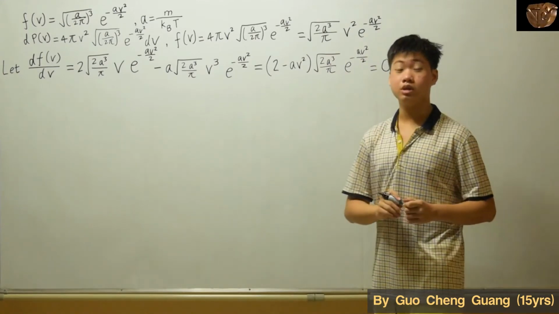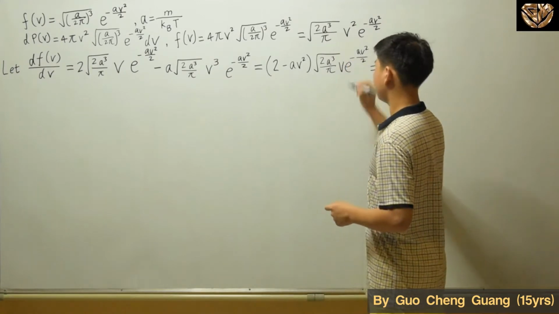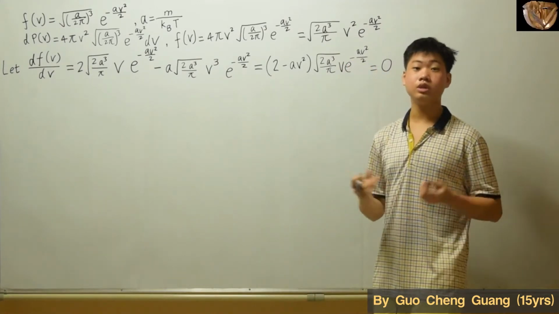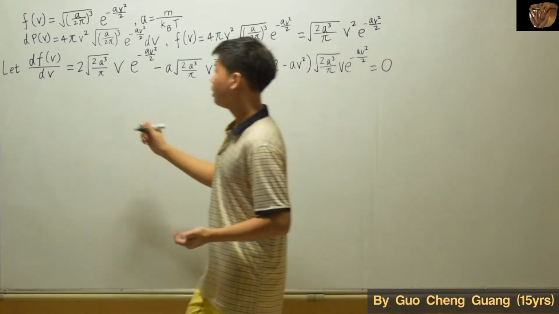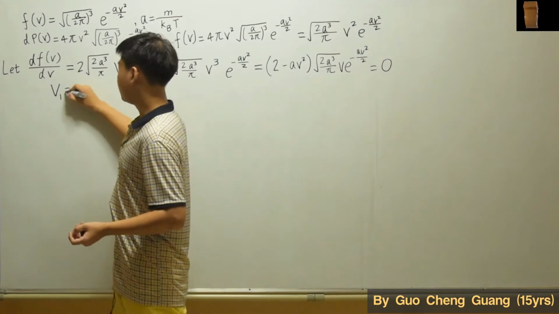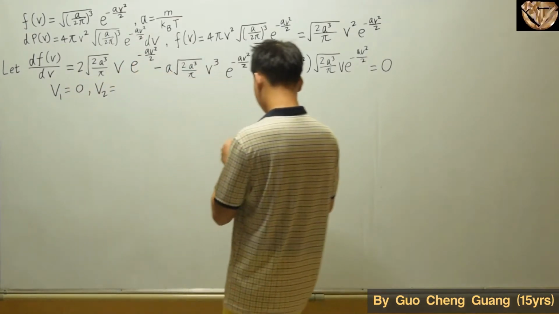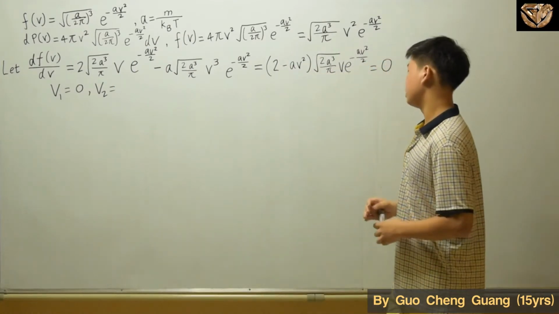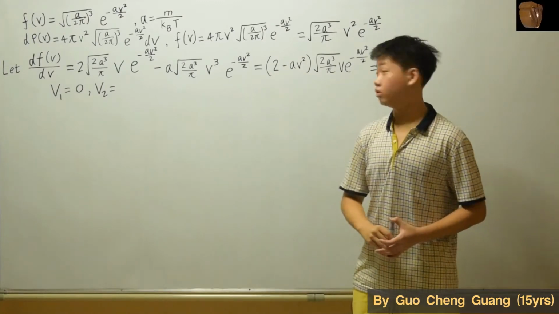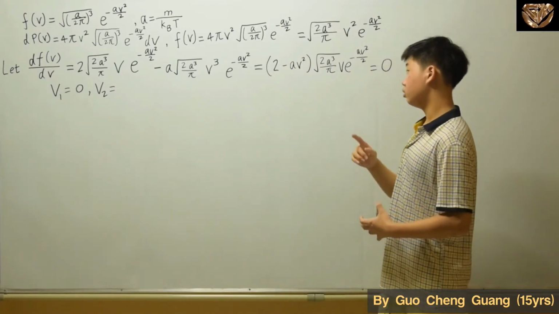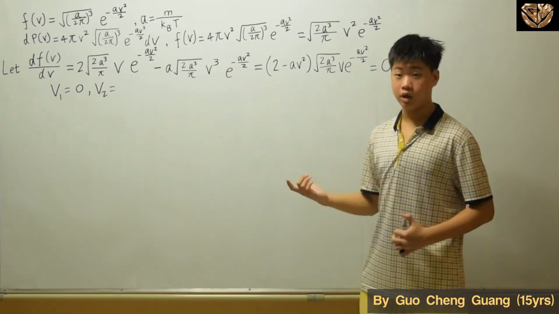Now how are we going to determine what are the values of v? There's another v here. Of course the easiest one to find is v equal to 0. So yes, v can be equal to 0. But is there any others? Here is just a coefficient that you can't do anything about. So from this part, if you let this be equal to 0, which is 2 minus av squared is equal to 0, that means 2 is equal to av squared.